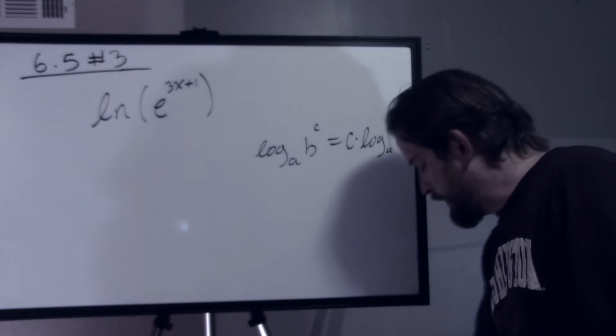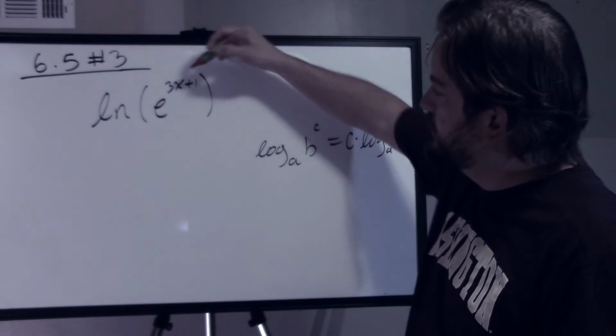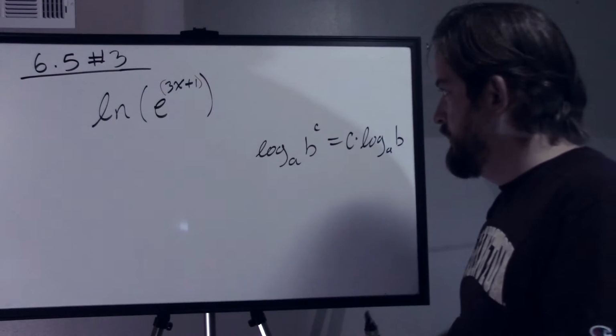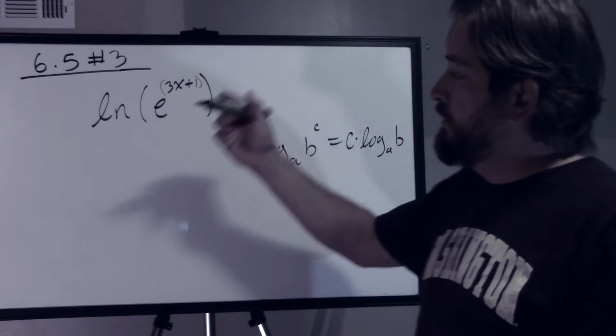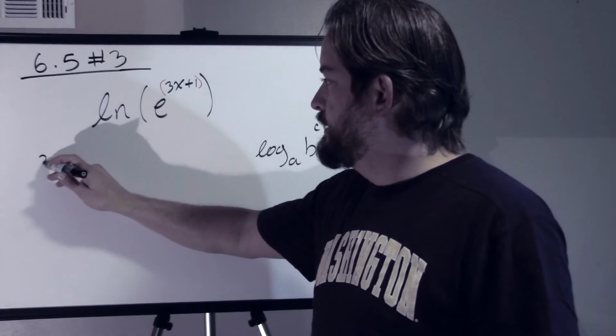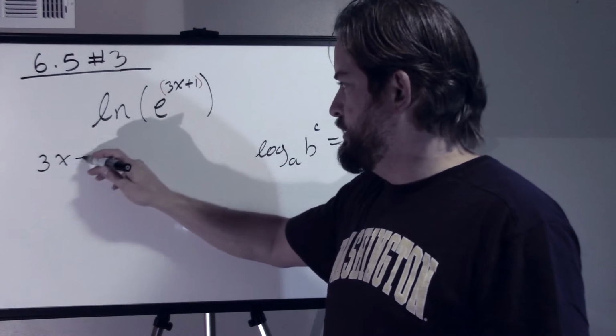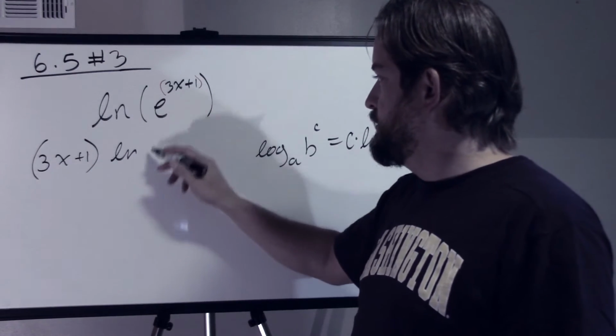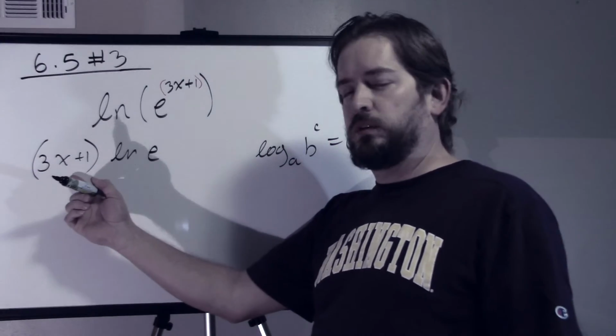I can do that here, but I have to be careful because the power is this entire expression of 3x plus 1. That whole thing comes down as a multiplier, and since it's a binomial, 3x plus 1, being multiplied by the natural log of e, I have to throw it in parentheses.